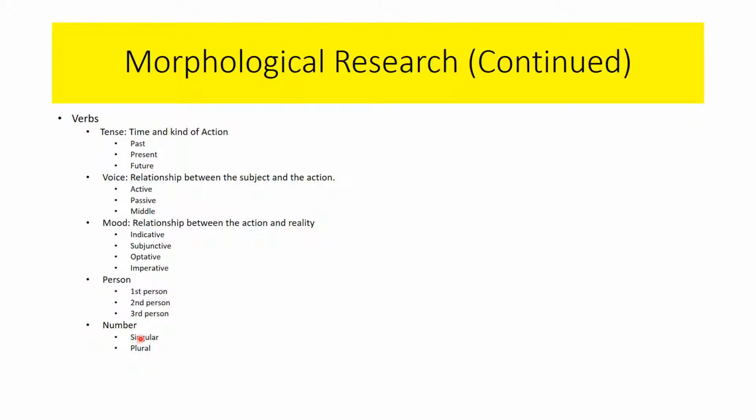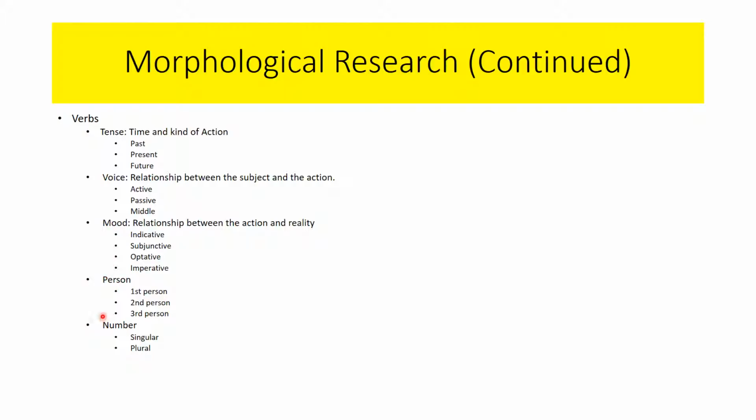We ate the apple is first person plural. Second person plural, you ate the apple. Second person singular, you ate the apple. Third person singular, he ate the apple. Third person plural, they ate the apple. So singular, plural. So verbs also change in tense, voice, mood, person, and number.